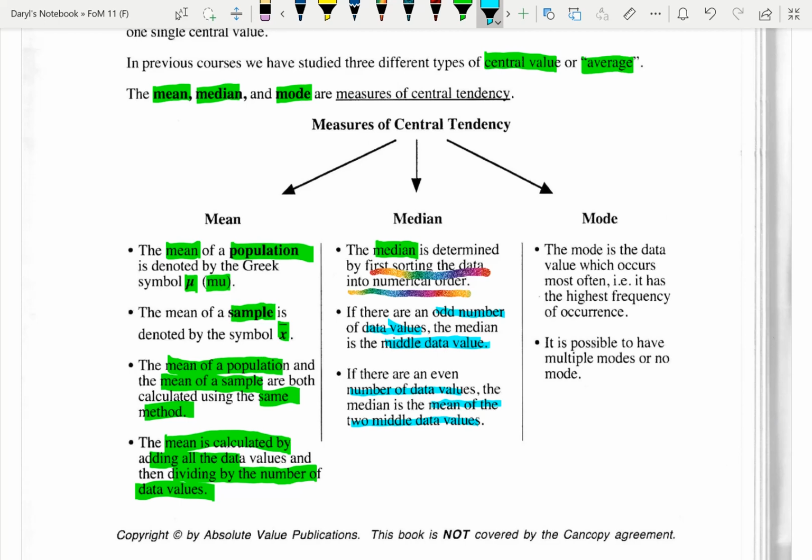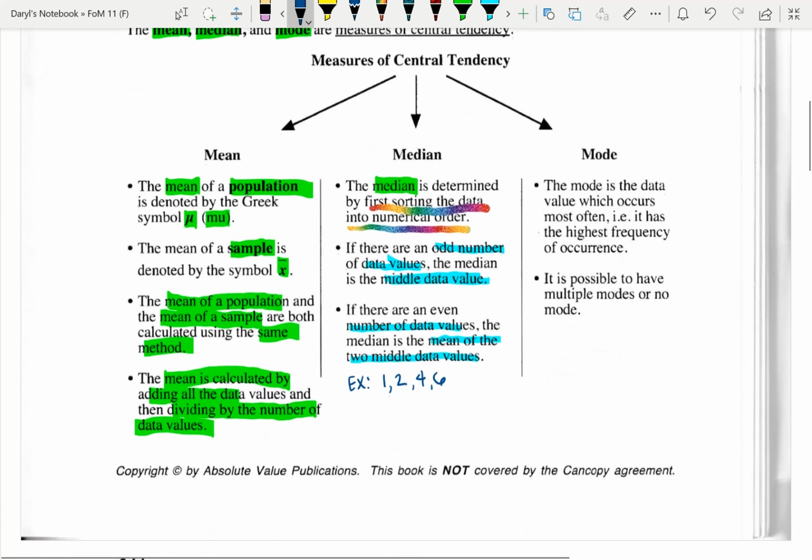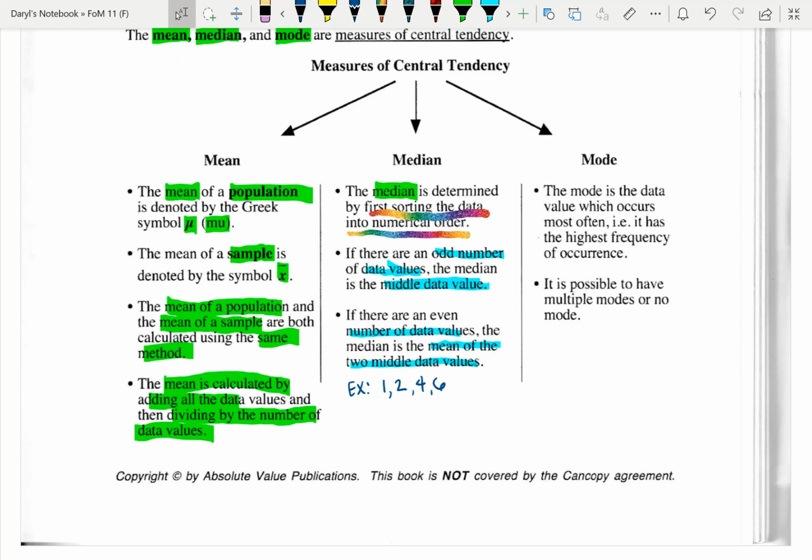Let's say, for example, you're given the data 1, 2, 4, and 6. In this case, you have 4 data values, so the median is the mean of the two middle data values. The middle values here are 2 and 4.